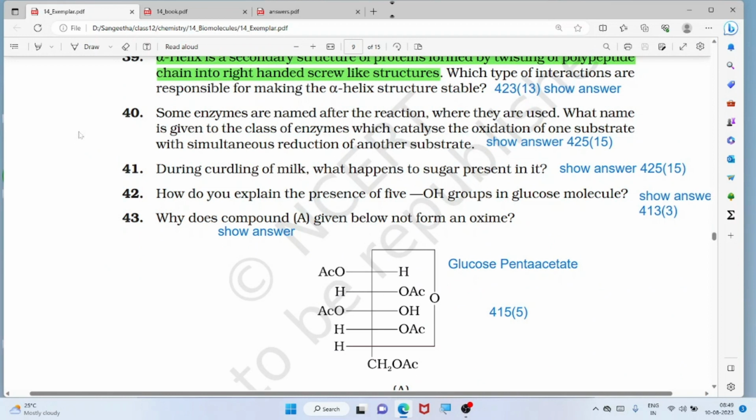Some enzymes are named after the reaction they catalyze. What name is given to the class of enzymes which catalyze the oxidation of one substrate with simultaneous reduction of another substrate?